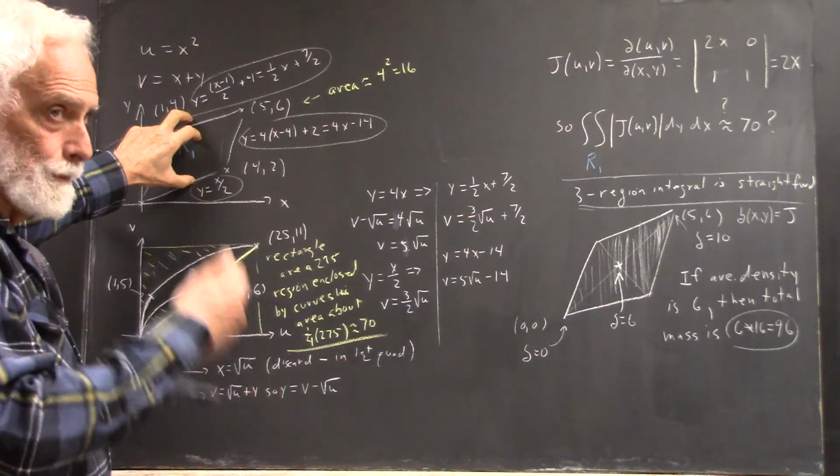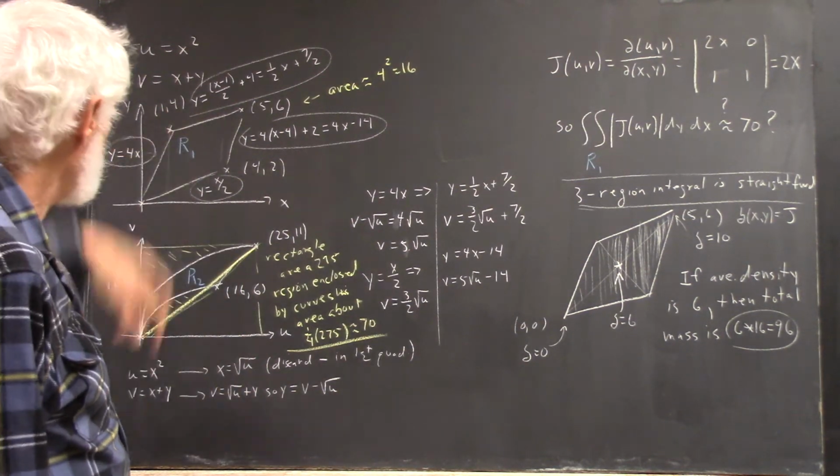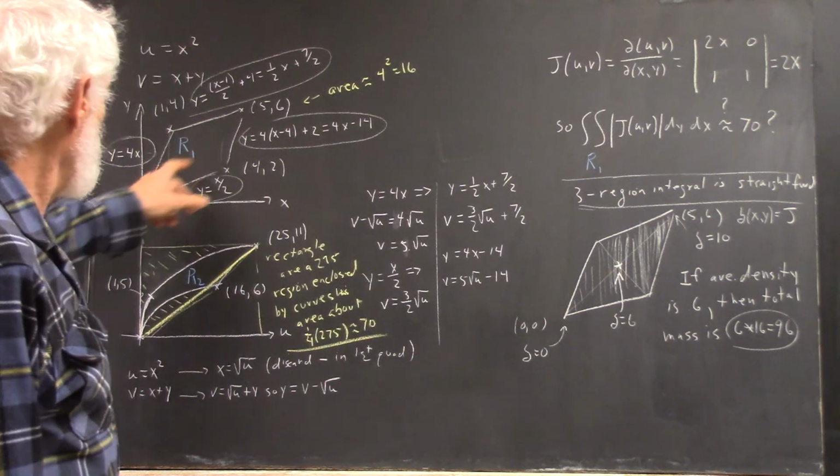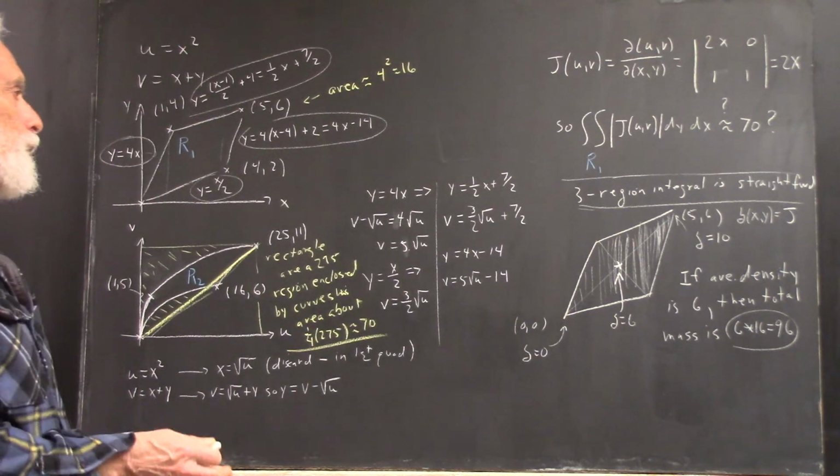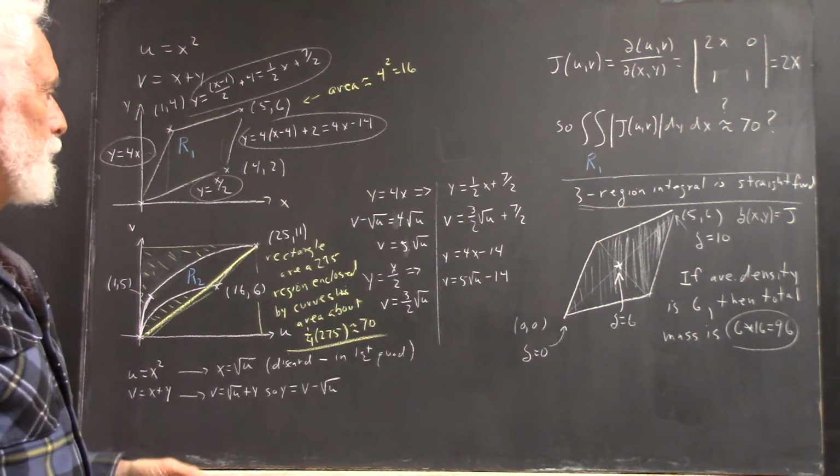Remember my numbers, which is 72. Then you have the contributions here, so you can make approximations.